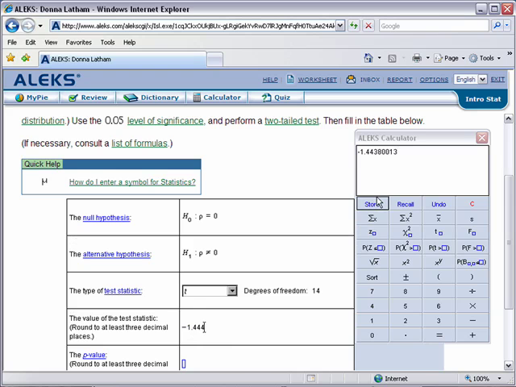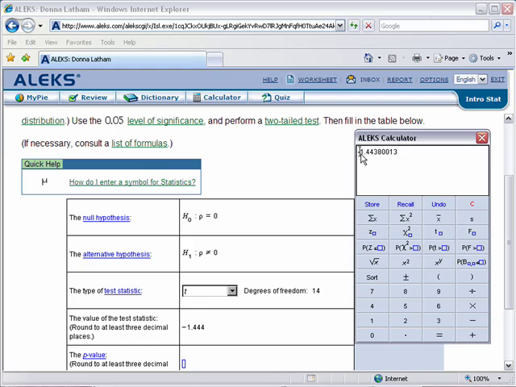To find the p-value, we want to find what's the probability that t is going to be to the right of positive 1.44. So let me select this calculator key. So I want values to the right of positive 1.44 or values to the left of negative 1.44. Well, since the calculator key only does values to the right, I'm going to change this value here from a negative to a positive. Oh, dear.